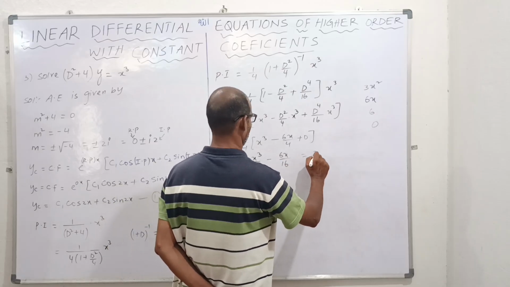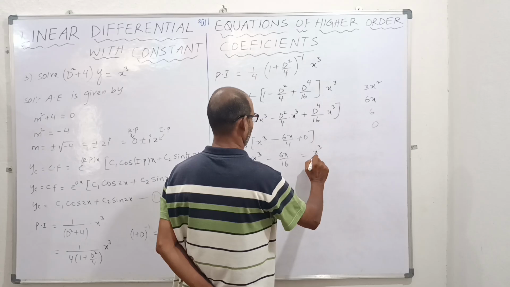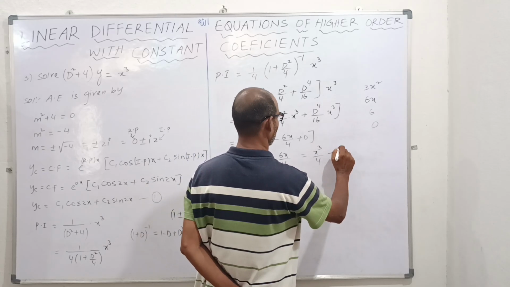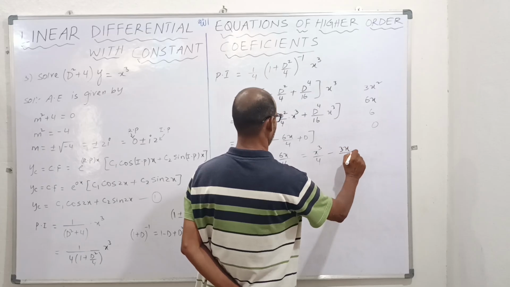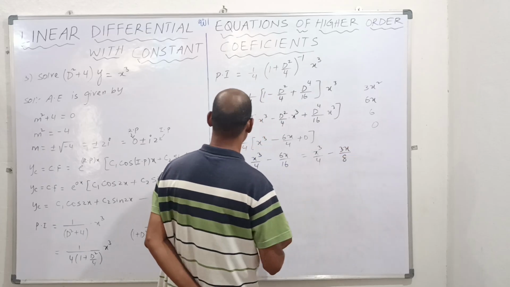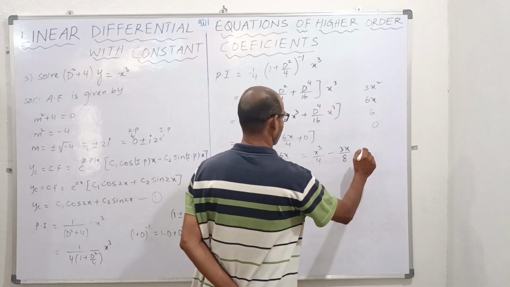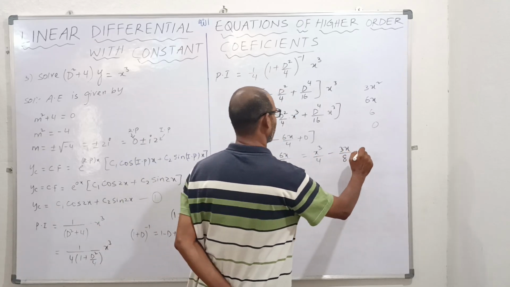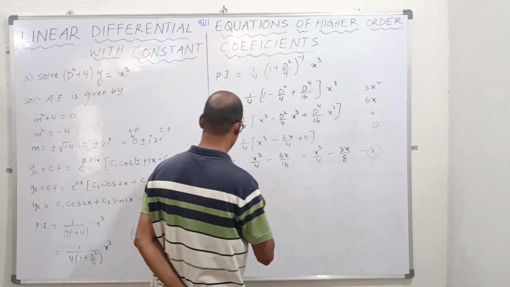So this is equal to x cube upon 4 minus 3x by 8. So this is yp, the particular integral. This is the number.